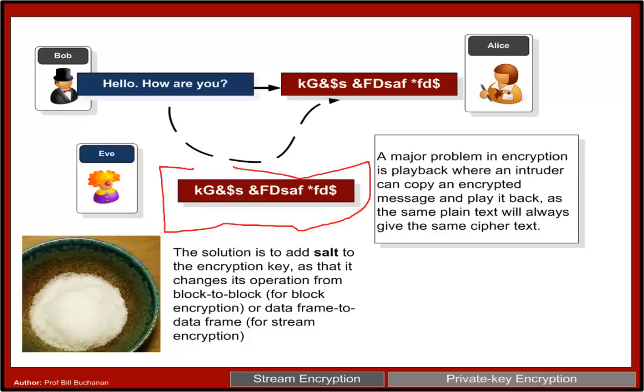So in this case, if we've encrypted something and we want to play that back, we could copy that and play it back to Alice, and it will look like a correctly ciphered text. So what we often do is add a little bit of salt to the encryption process so that the same message doesn't produce the same output.